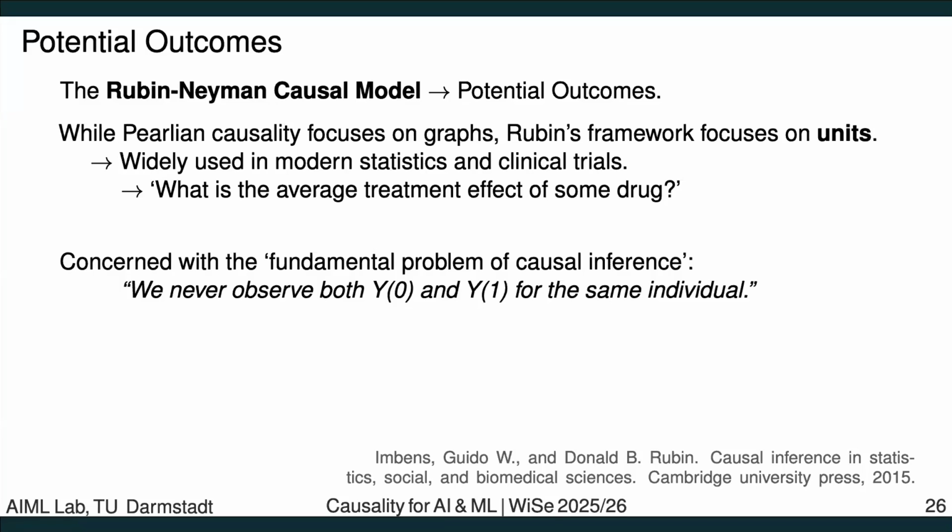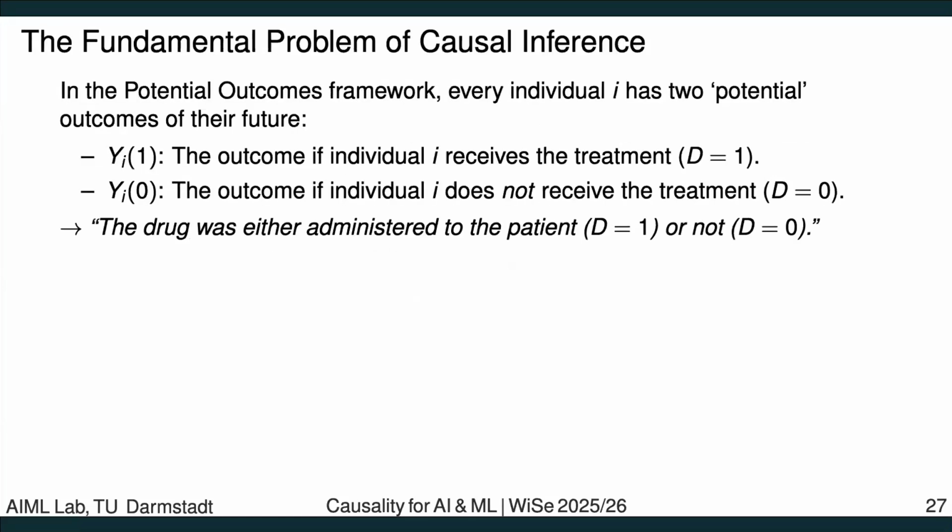But we never observe both of these terms at the same time. And so if we want to have causal effects, it's usually framed as the difference between those terms. If I want to be sure that my drug helps, I need to somehow quantify the effect of not giving the drug and administering it.